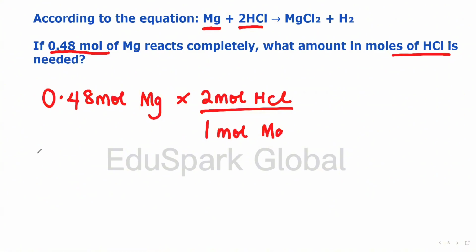Okay? So the mole magnesiums will cancel out, and that leaves us with 0.48 times 2 divided by 1, that would be 0.96 mole of HCl.